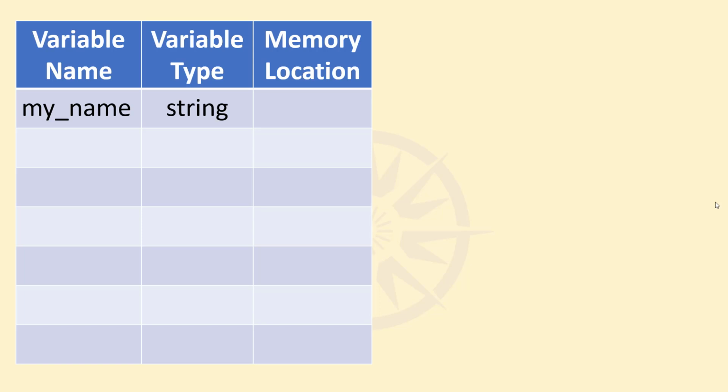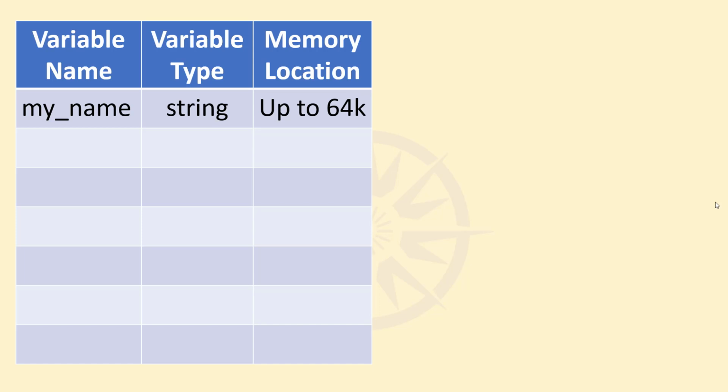But that variable, my name, is held in the computer memory somewhere at a particular location. It needs to know where that location is, so it will keep that location fixed. A string can be up to 64K long, so it puts aside up to 64K, 64,000 bytes of information to hold that piece of data.